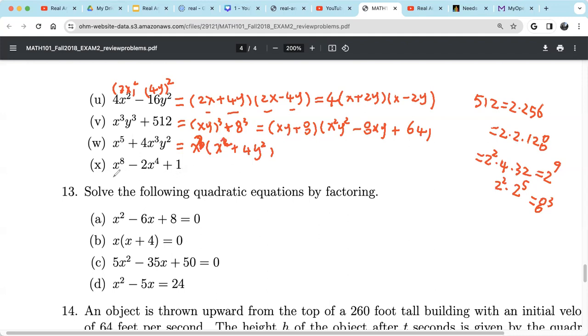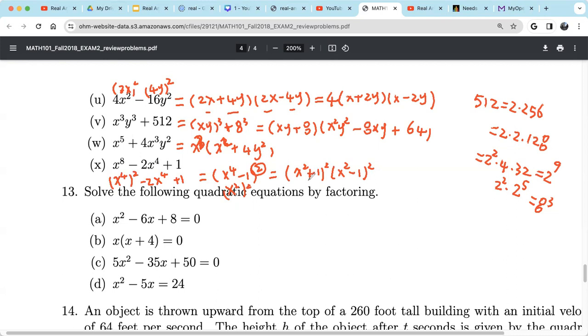Well, let's see this one. This one, we can think of x raised to 8 as x raised to 4, squared. Then minus 2 x raised to 4 plus 1. Oh, perfect squares, right? (x to the 4 minus 1) squared, which is x raised to 4 minus 1 is (x squared plus 1) times (x squared minus 1), all squared. The square comes from this square. x raised to 4 is x squared squared, right?